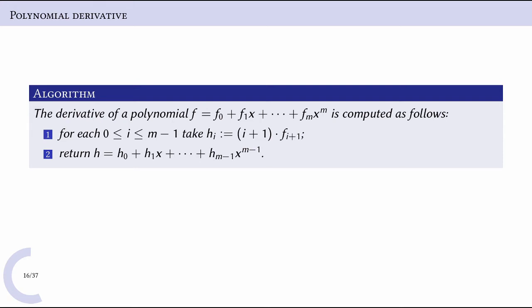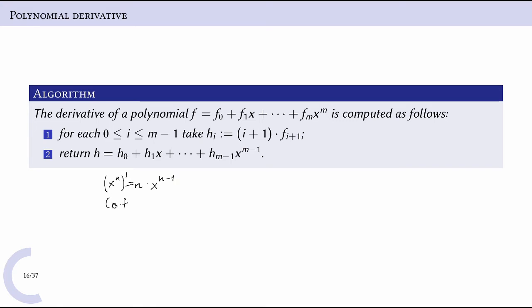So as far as the polynomial derivative is concerned, it is a very easy operation. We all know well that derivative is additive, it's linear, and we know the formula that the derivative of x to the nth power is n times x to the n minus 1 power.